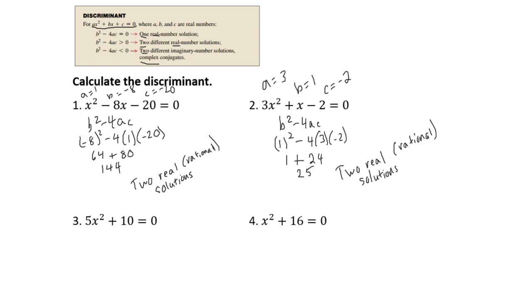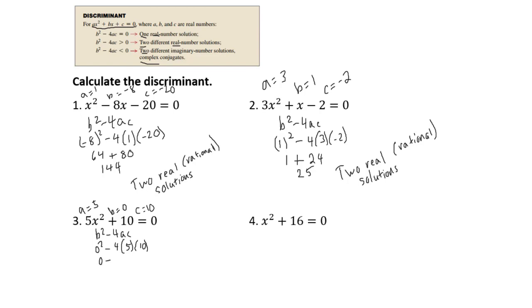All right, here we can identify a as 5. As you notice, the bx is not there because it's 0x, so we say b is 0, and c is 10. So b squared minus 4ac is 0 squared minus 4 times 5 times 10.